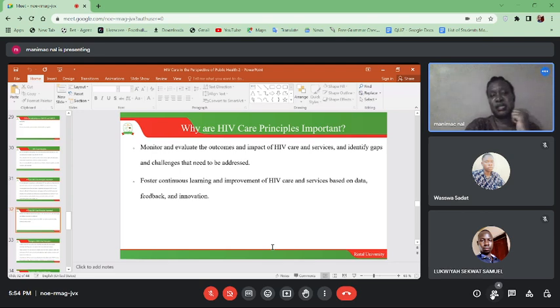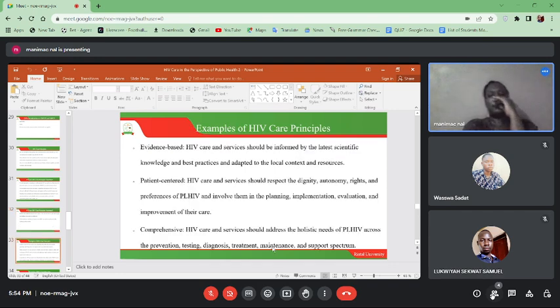More to that, we need also to foster the continuous learning and improvement of HIV care and services based on the available data, or the evidence that we have gathered and the feedback that we have got from people, as well as the innovation that we need to continuously keep on doing for the HIV care and services that are being given to people who are living with HIV and AIDS.